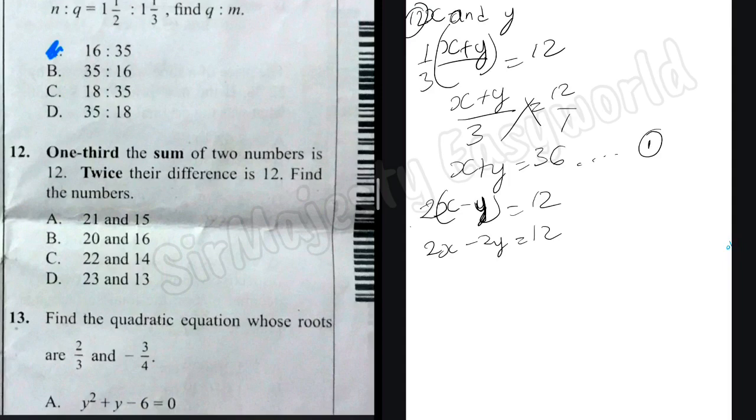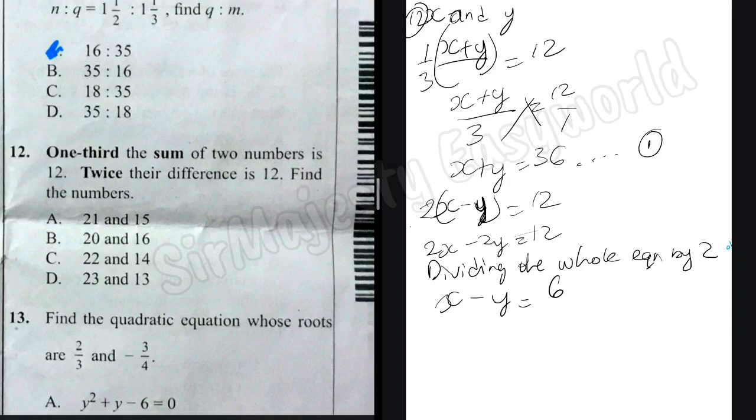Since 2 can divide this whole equation, let's divide the whole equation by 2. This gives us x minus y is equal to 12 divided by 2, which gives us 6.